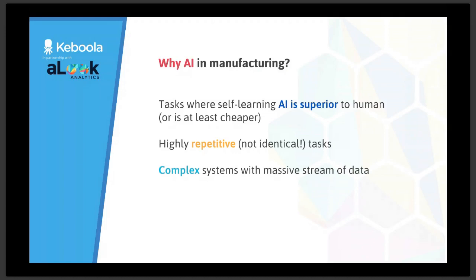Those tasks are typically either highly repetitive, but not identical. If they're identical, you don't need AI, you just need a rule. Or they involve dealing with complex systems with a lot of data flowing in, where it is very difficult for a human analyst or an engineer to find the signal manually in the data.